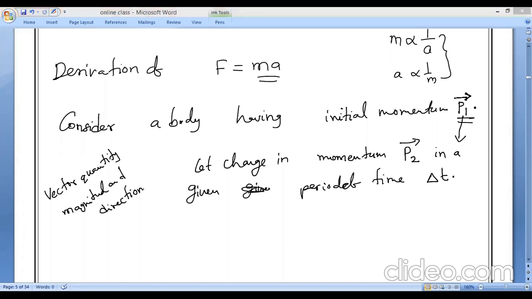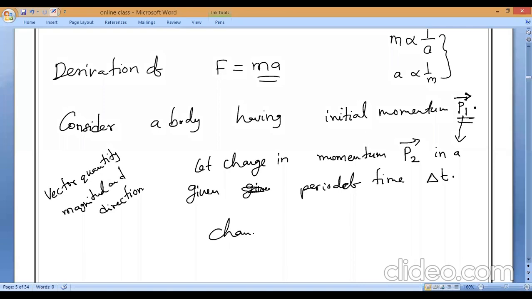Now, the change in momentum in time delta T is due to the net force acting during that interval of time, which we consider as delta T. If you notice carefully, what is the change in momentum?